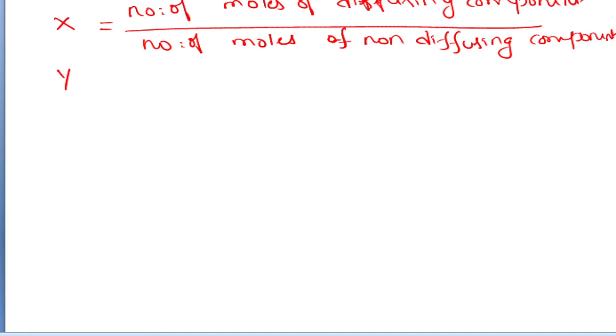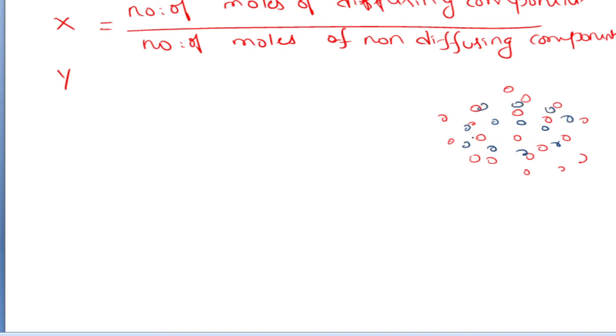You know, non-diffusing component is nothing but the component which is not participating in the transfer. That means if you are having a gaseous mixture here, if you take the example of absorption and you have a gaseous mixture with some solute component that is to be removed through absorption, and this gaseous mixture is brought into contact with some solution or solvent.